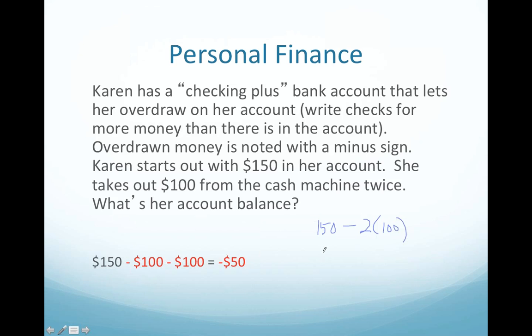Then the order of operations demands that you do the multiplication first, minus 200. And then your final answer is negative 50. So you can't get away from that one. You come up with the same answer either way.